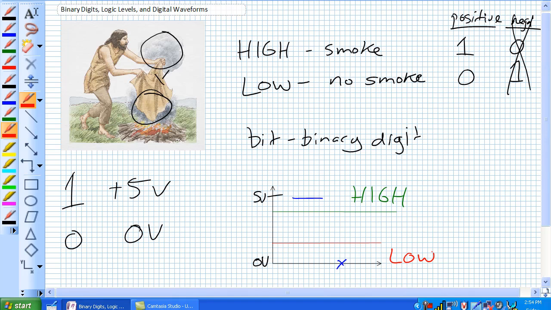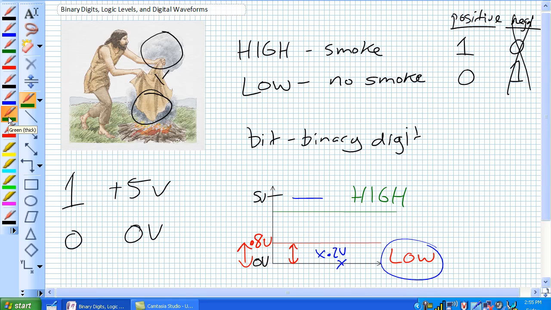There is a range: for TTL logic, anything between 0 volts and 0.8 volts is considered a low. Even if our value is at 0.2 volts, that's an acceptable low.